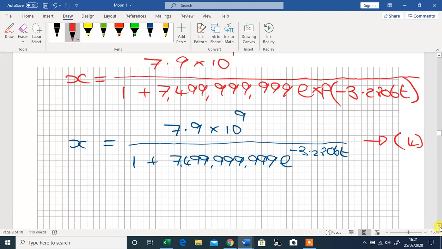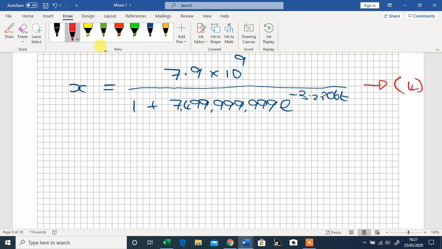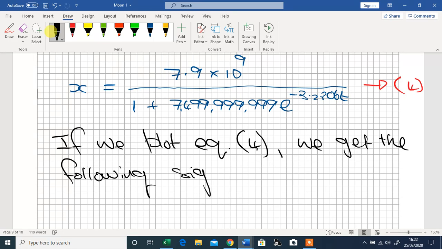Now, if we plot equation 4, and you got a sneak preview of the graph, we get the following sigmoid, because it's S-shaped, graph.